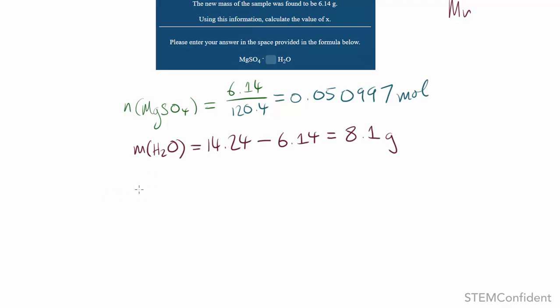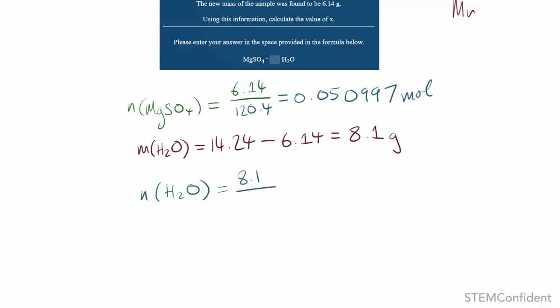Then, as far as actual moles, the number of moles n for H2O is going to be our mass, 8.1, divided by the molar mass.